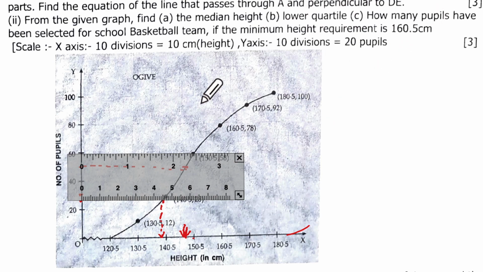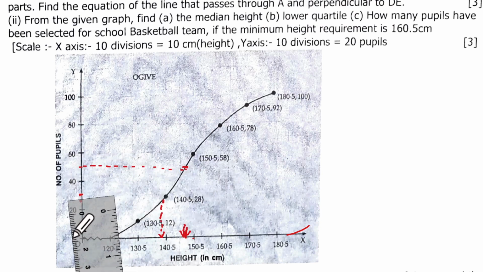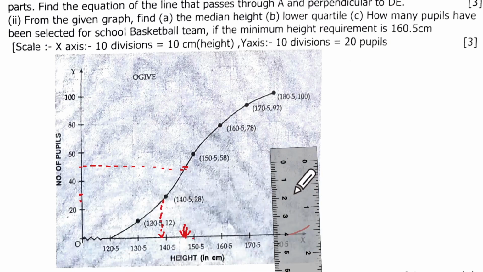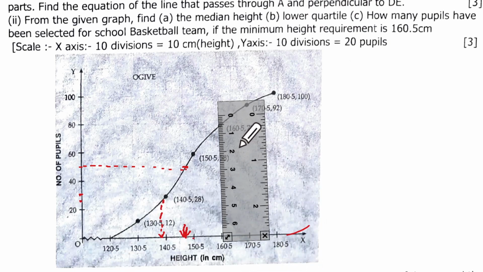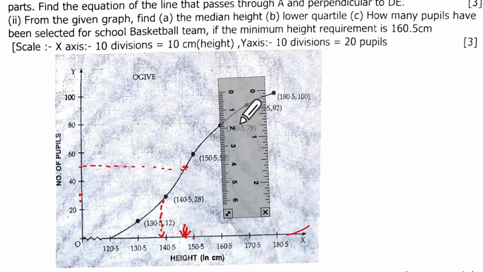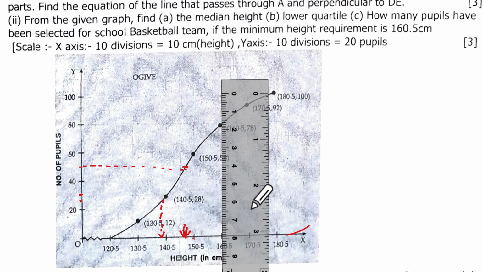Then they ask how many pupils have been selected if the minimum height required is 160.5. It's here only. See here, what is this point over here?